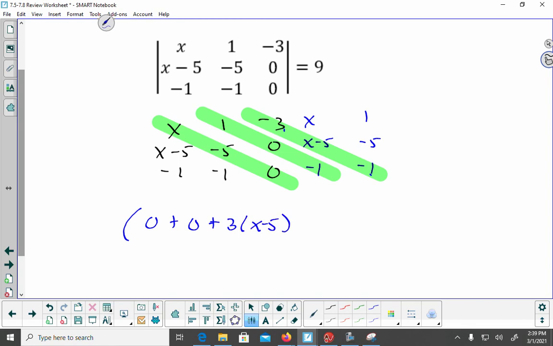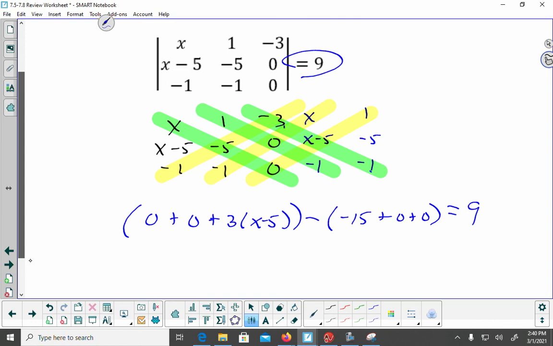So I'm going to have a parenthesis within a parenthesis. So when I do this, I have 3 negatives, so it's going to be -15, then 0, 0. And this is equal to 9. I got the equal to 9 from up here.